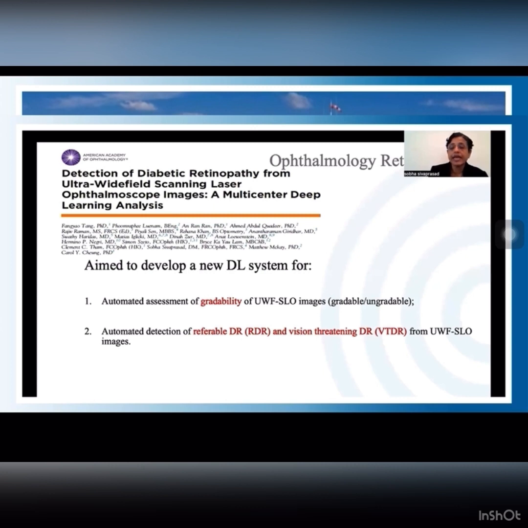And I'll explain that a little better. The two aims were to look at automatic assessment of gradability of ultra-wide field images as to whether they were gradable or ungradable, and then to go on to detect referable diabetic retinopathy and vision-threatening diabetic retinopathy on these wide field retinal images.